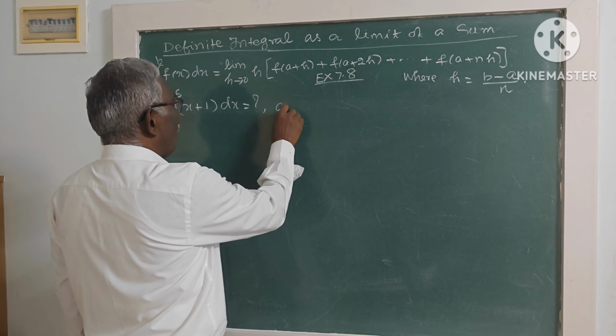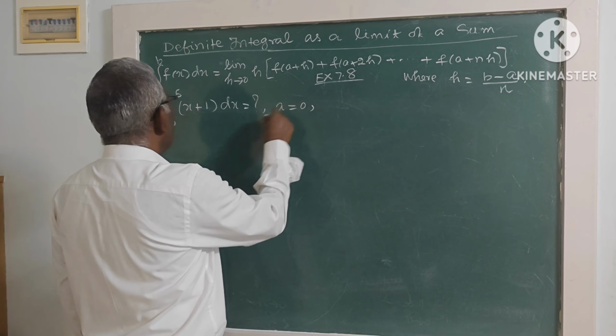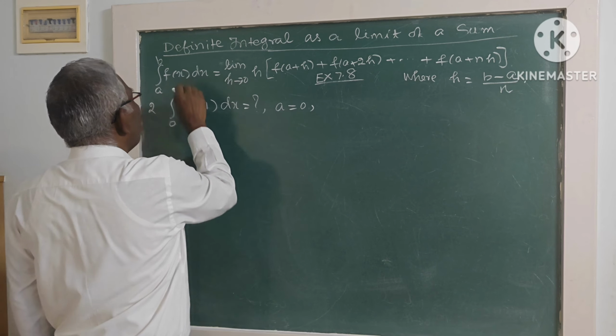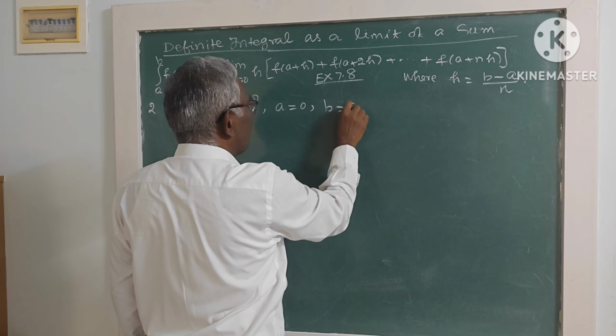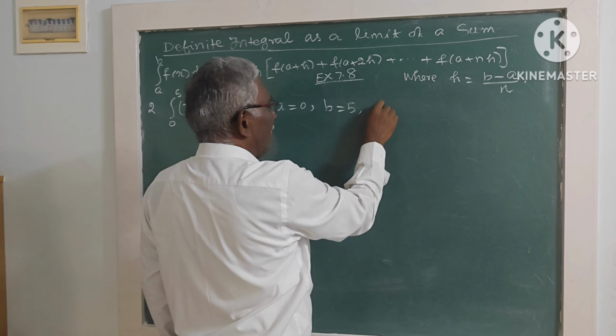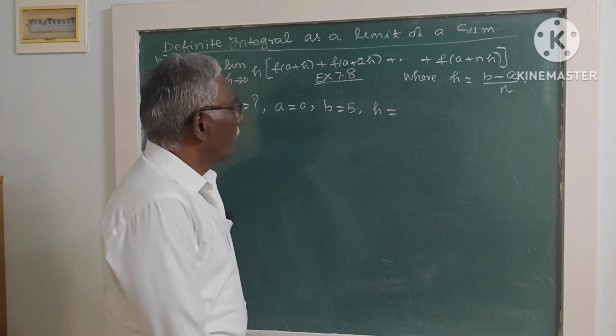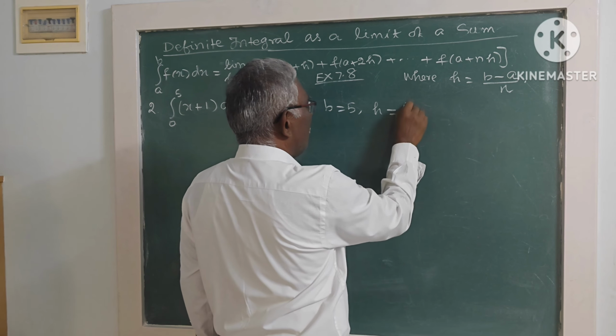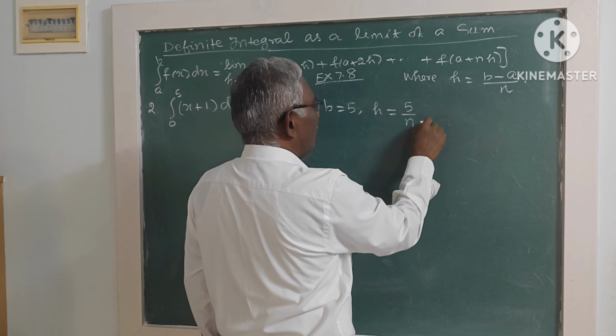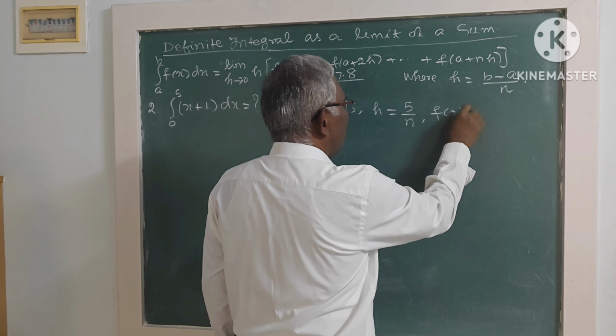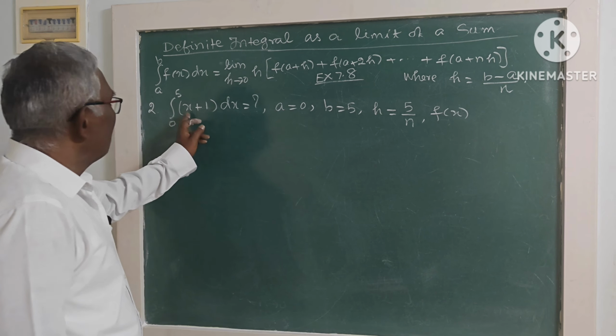We get here a is equal to 0, b is equal to 5, and h is equal to (b minus a) by n, 5 by n, and f of x is x plus 1.